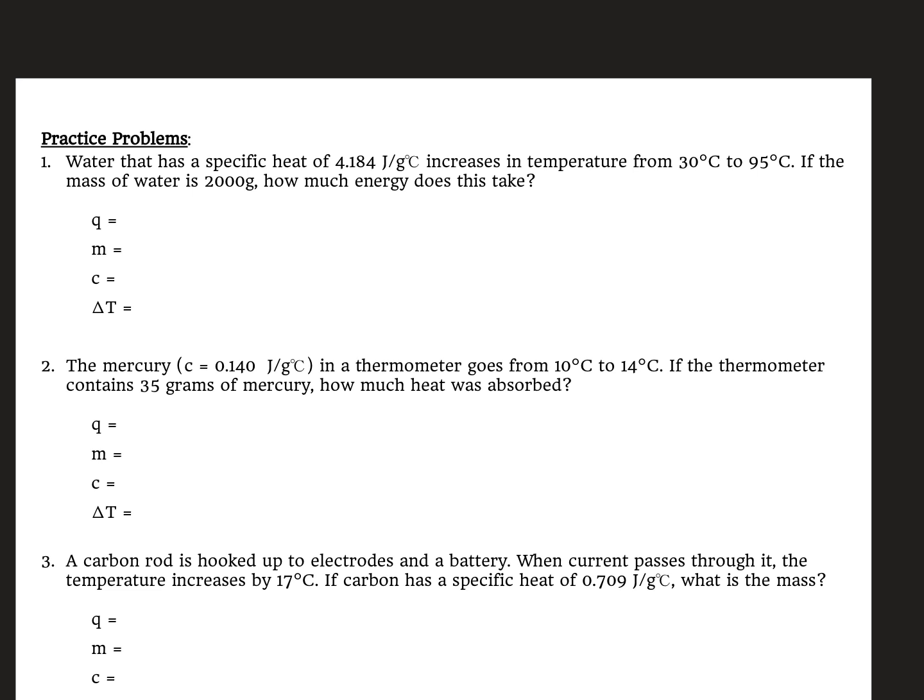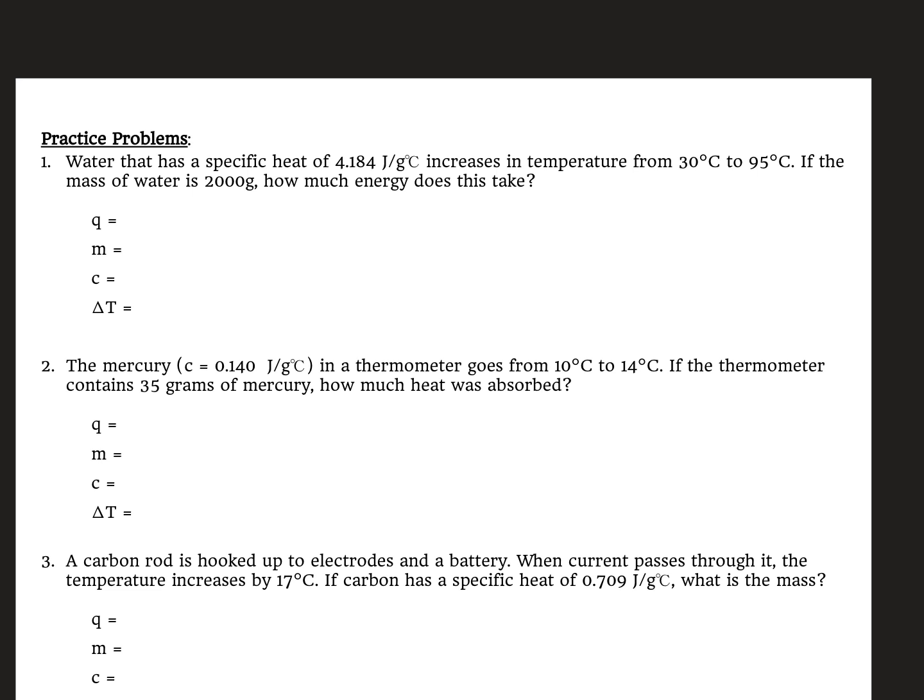Number 1 says, water that has a specific heat of 4.184 joules per grams degree C, increases in temperature from 30 degrees to 95 degrees. If the mass of water is 2,000 grams, how much energy does this take?